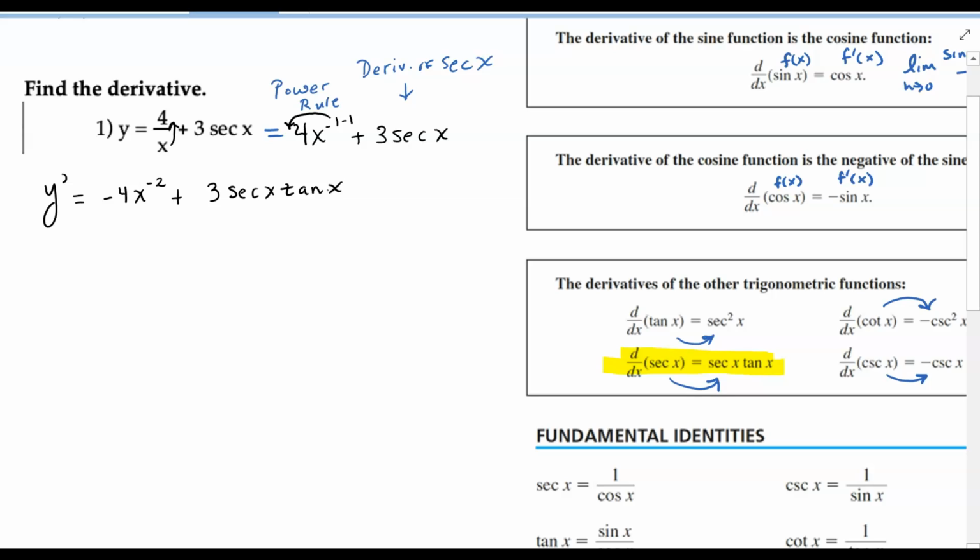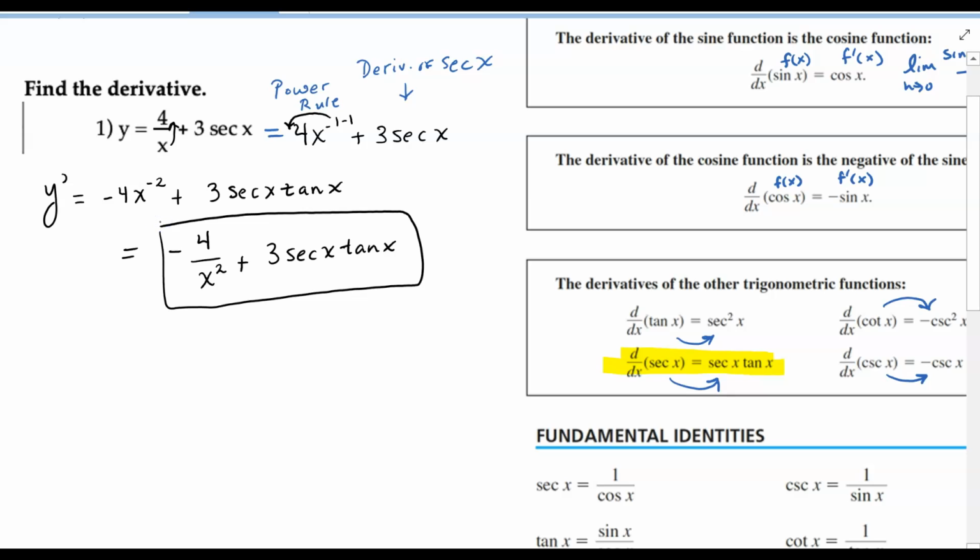And there's nothing to it. You could clean it up just a little bit by writing it as negative 4 over x squared plus 3 secant tangent. And that's probably about all you would do. Otherwise, those two are really the same answer.